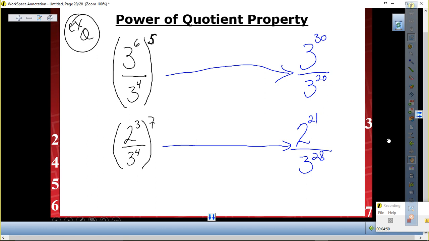I'm sorry? The day before yesterday, sorry. Quotient of powers property, look at that definition, and think about the structure and how the definition should sound for this one. Everybody got it?